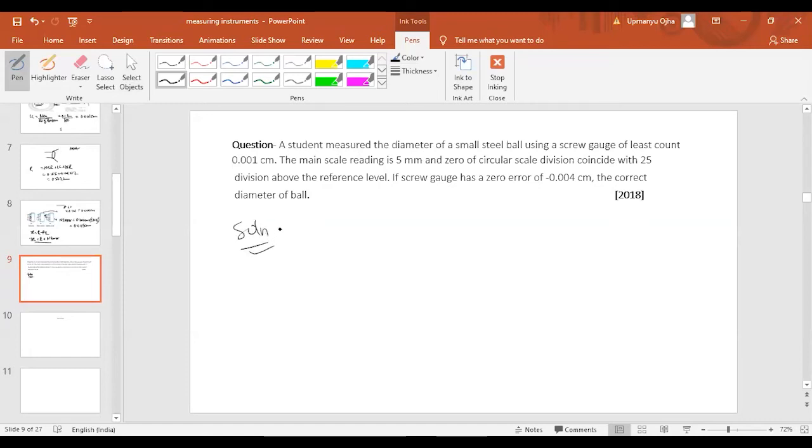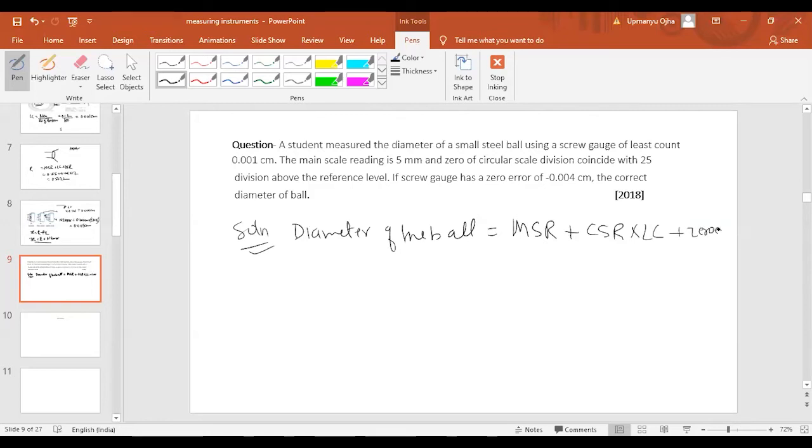What I told you, the diameter of the ball will be equal to the main scale reading plus circular scale reading into least count plus zero error.